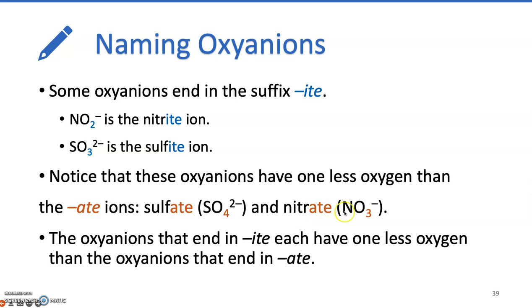That's why for the nitrate ion, when it becomes a nitrite ion, the 3 oxygen in NO3 minus become 2 oxygen in NO2 minus. So the oxyanions that end in ITE each have one less oxygen than the oxyanions that end in ATE.